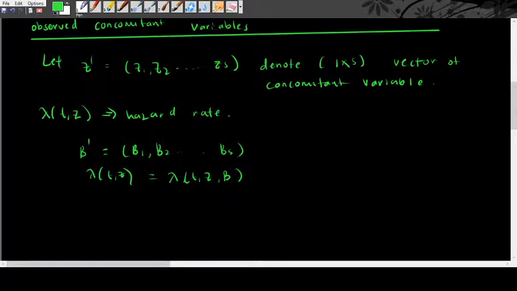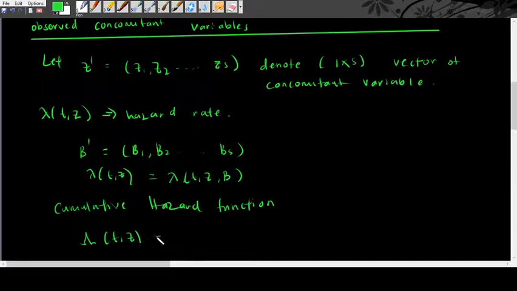So for this we are going to have the general hazard function and cumulative hazard function. The cumulative hazard can be written as capital Lambda(t, z) equals the integration from 0 to t of lambda(u, z) du.